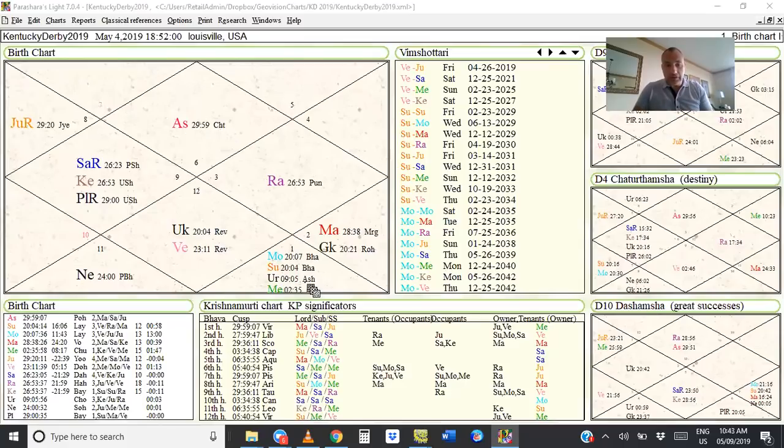Now, this wasn't the only reason. This race also happened exactly on a new moon. I mean, exactly. It couldn't have been more precise. You can see the sun is at 20 degrees, the moon is at 20 degrees. New moons indicate the breaking of an old pattern. With a new moon, a new pattern begins.